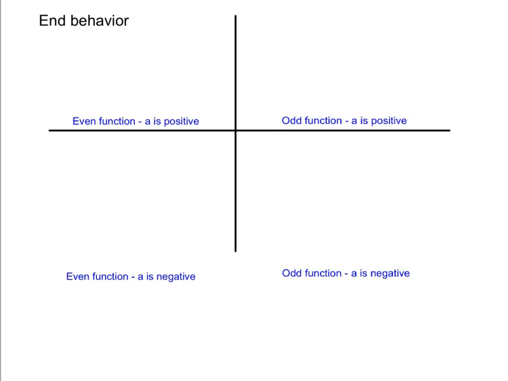So now I want to begin a discussion on end behavior. We talked about even and odd functions in terms of symmetry, but now I'd like to talk about even and odd in terms of degree. So for instance, if you had x squared, the degree of the function would be even, right? And if I had x to the third, fifth, seventh, whatever, the degree of the function would be odd.